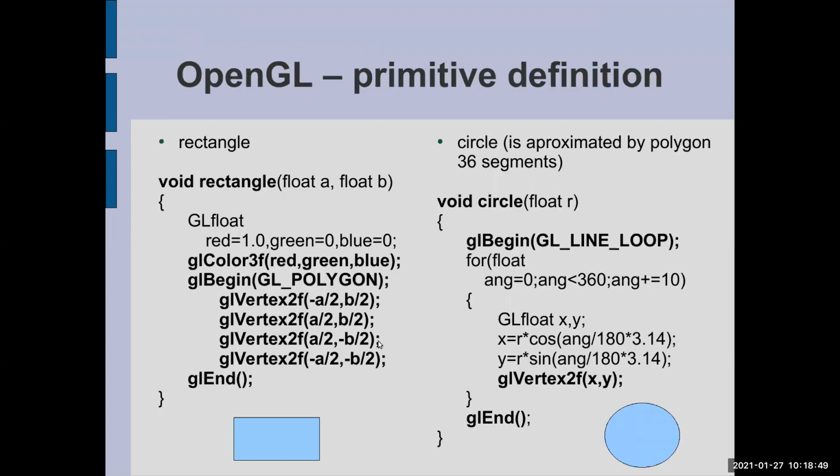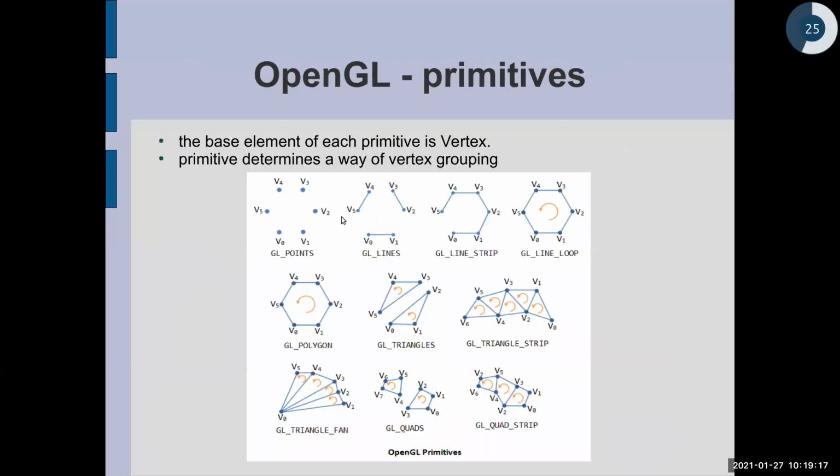Okay, so here you have code which lets us draw simple objects in OpenGL. Look, first we have to set the color: red, green, blue. We have to define the components, and then we have two commands, glBegin and glEnd. glBegin and glEnd define a group of vertices and the way the vertices should be connected.